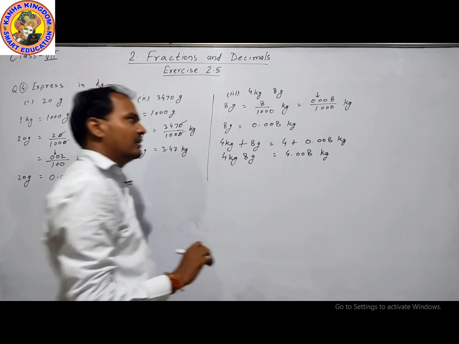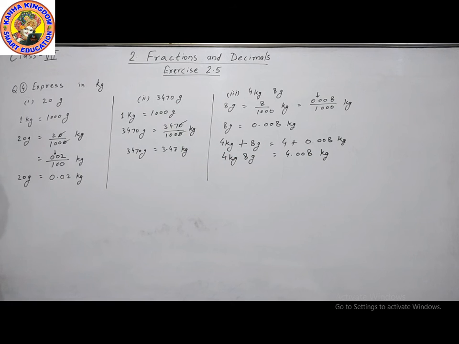This is our 4 kilogram and 8 gram. Now take beginning from this question. Question number 4, express in kg. The question is gram, answer will be in kilogram. So first of all, we need a relation between gram and kilogram. We know that 1 kilogram is equal to 1000 gram. So gram will convert into kilogram by dividing by 1000.